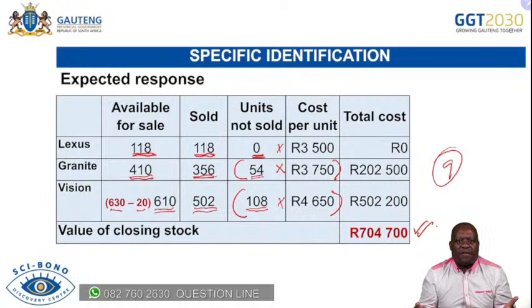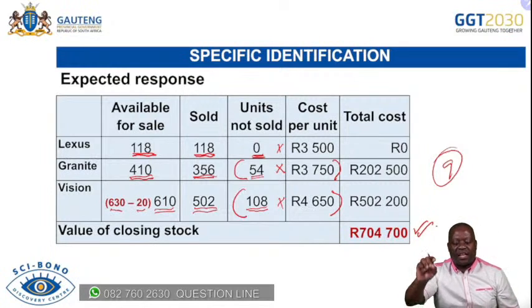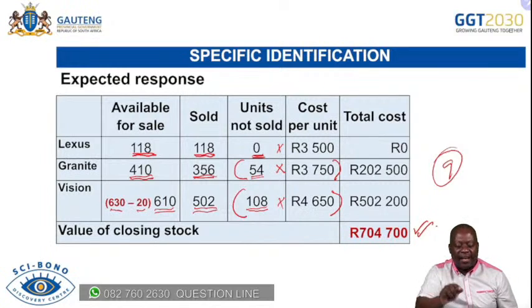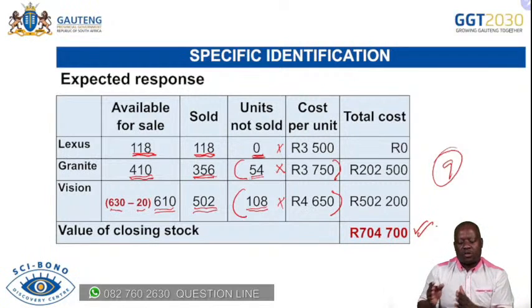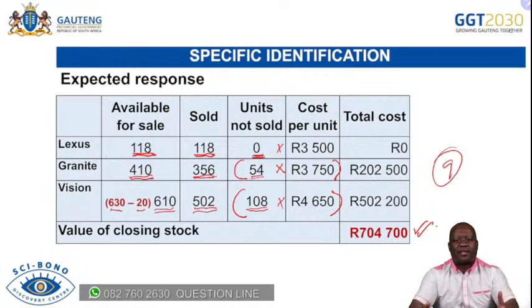And you can even verify it by doing a physical count and find that we have got 54 Granite available. Just multiply by the price. We bought each for 3,750, so we know 202,500 is there. Identify, give a price, done, dusted. We can smile after this achievement.